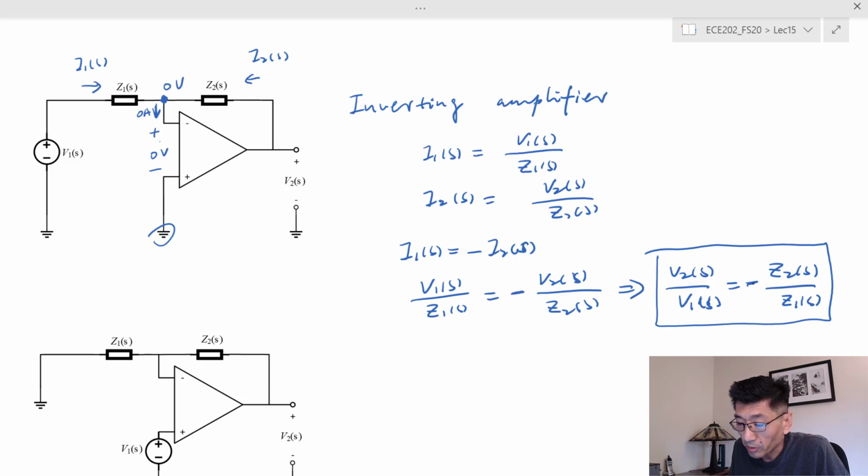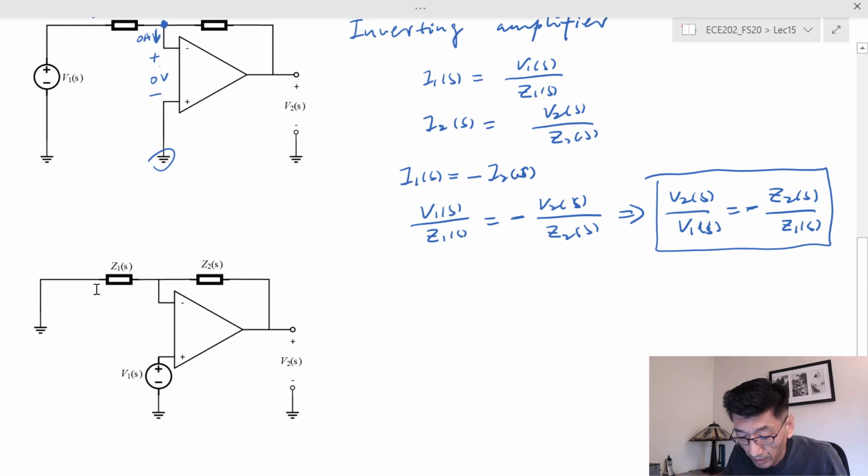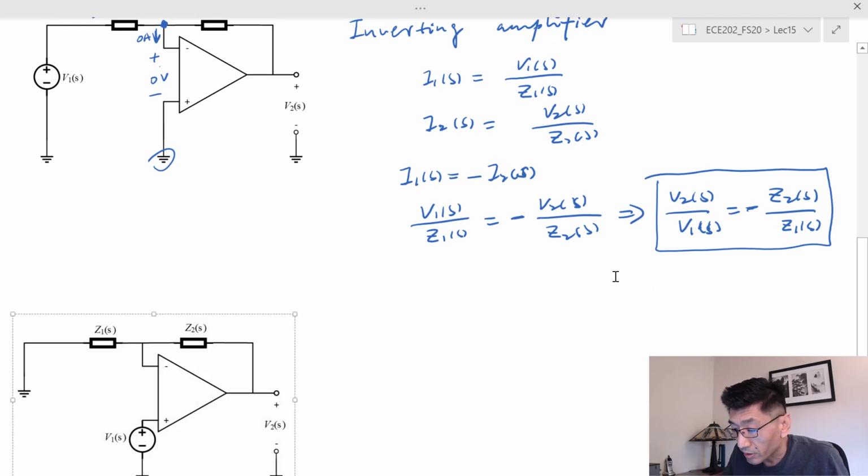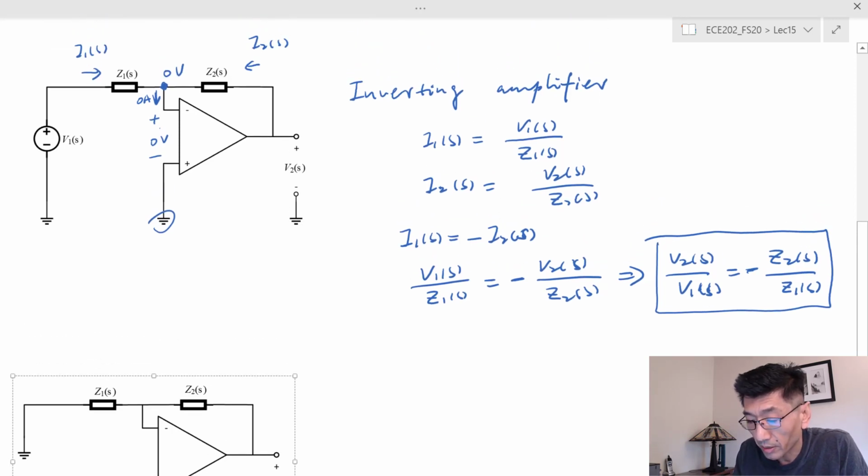And also, as I did in the Google Colab notes, you could also use the voltage division. This voltage division in this case is not really straightforward, but I think you can still do the voltage division if you want.